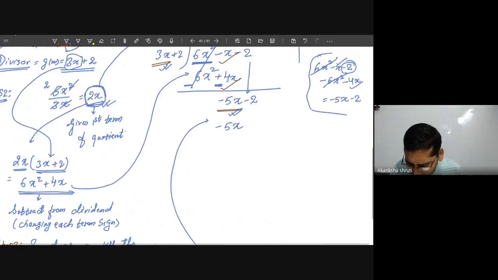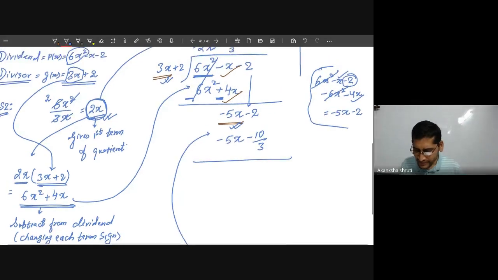Minus 10 by 3. Getting it students? Now again you have to subtract this lower one, means sign you have to change. So the sign of minus 5x of this lower one will change to plus, and the sign of minus 10 by 3 will be changed to plus.